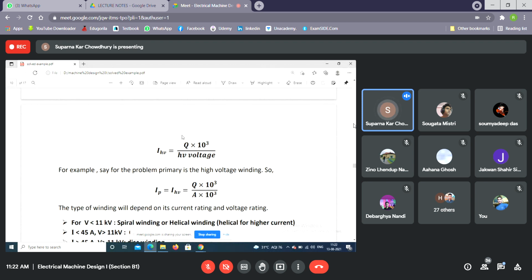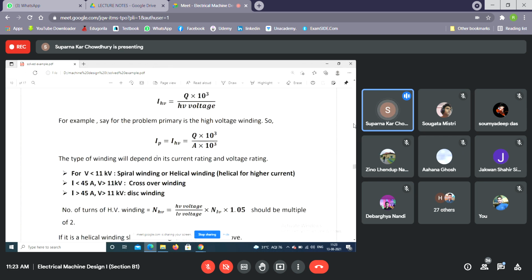Now whatever ratings I have given you, most of all of your designs will have helical as your HV winding, LV winding. Now we have to go for the HV winding. HV winding current will be the VA rating divided by the voltage. Now again the same law applies: if the voltage is less than 11 kV, spiral or helical conductors can be used.